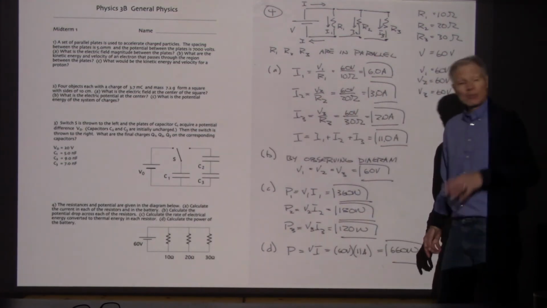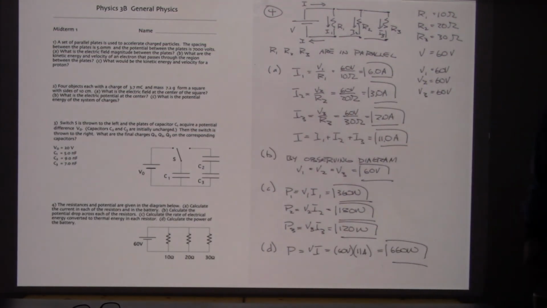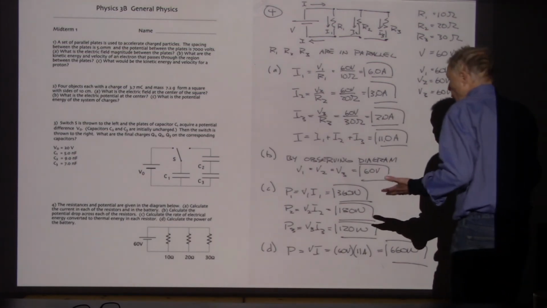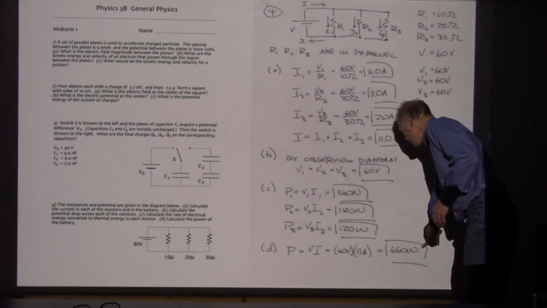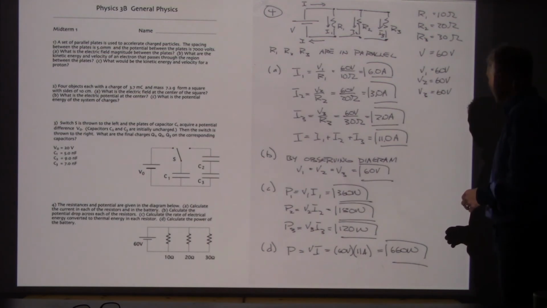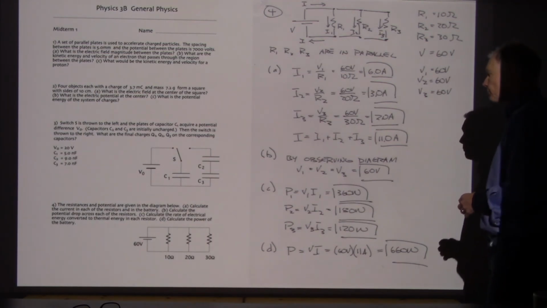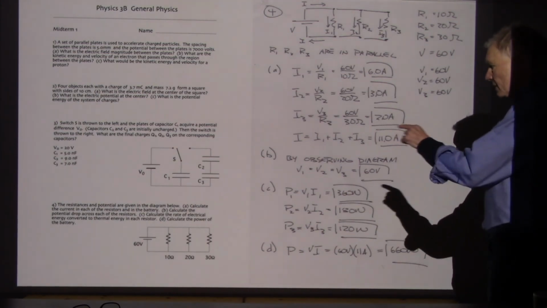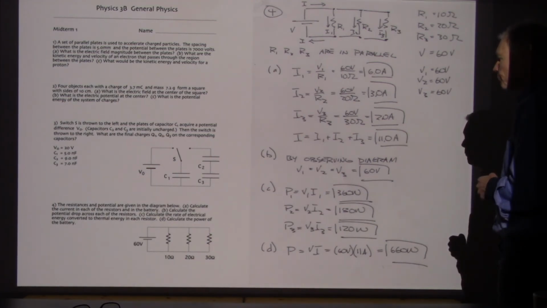If you remember, VI works for everything. So no matter whether it's a resistor, a capacitor, a battery, if I get the voltage specific to that device and the current going for that device, I can calculate the power that way. So the battery is providing, and so C and D are both asking about power. And this is 660 watts.